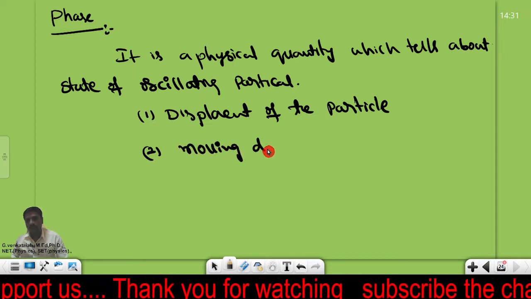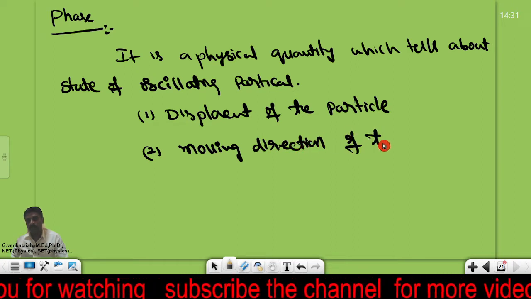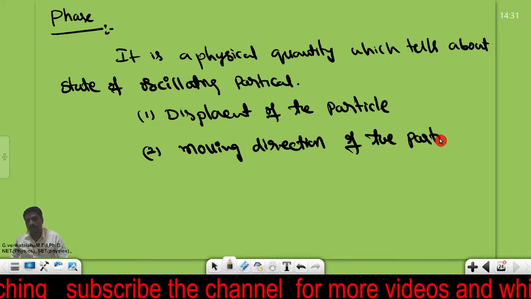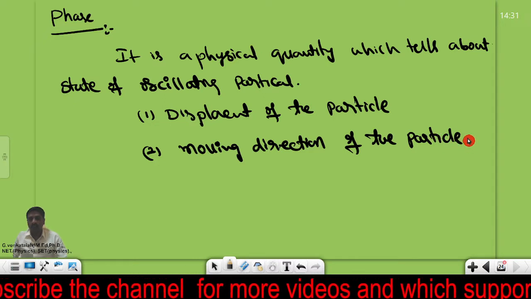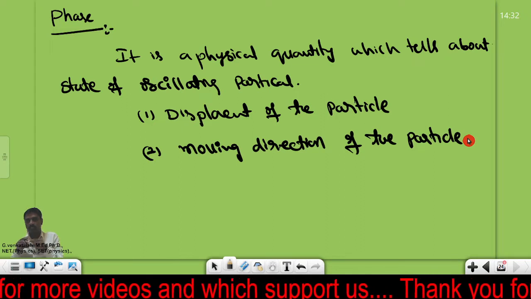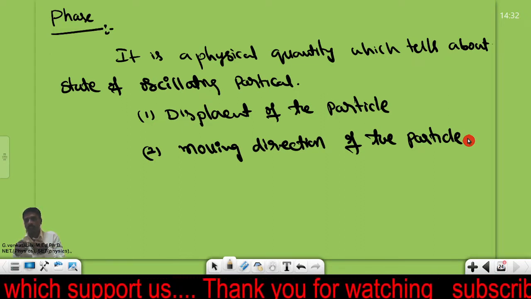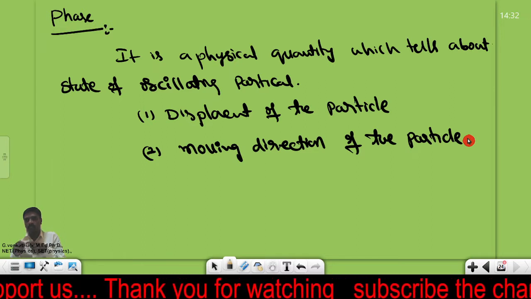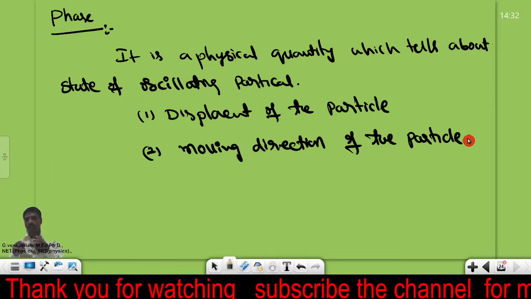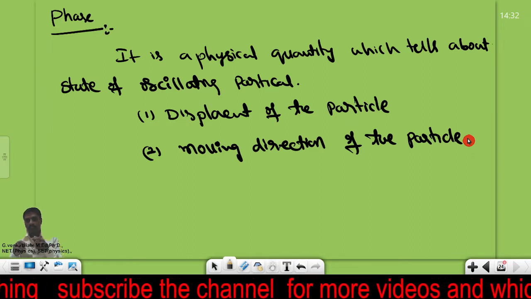So one physical quantity gives the information how much displacement the particle has taken from its mean position, and also the direction of the moving particle. That physical quantity is named the phase.